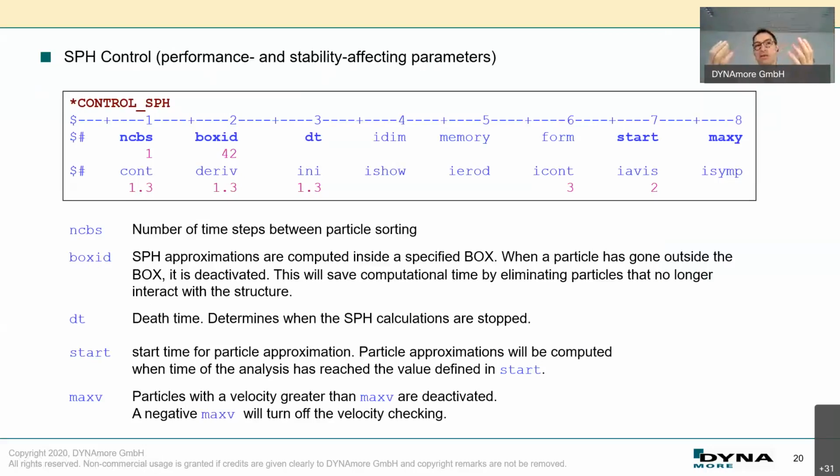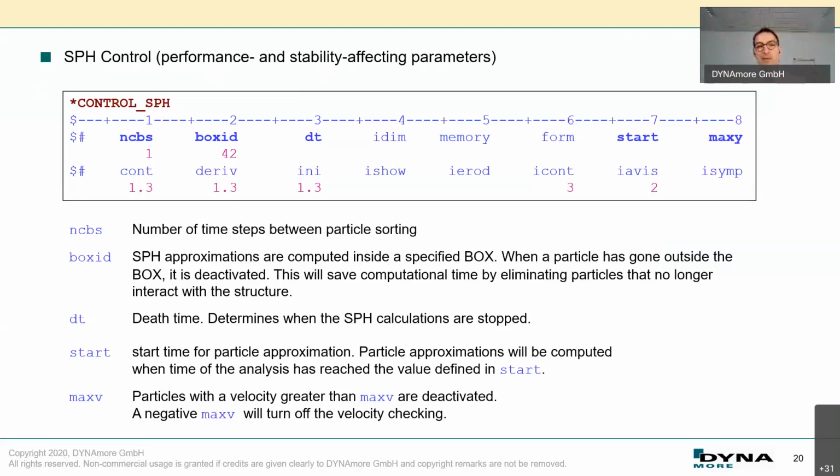But at some point, what you look at is just a small portion of the entire domain. That means if a particle is leaving a certain area, you don't care anymore what this particle is doing, and the area of interest you can define with box ID. So every particle which is leaving this box is not part of the computation anymore.